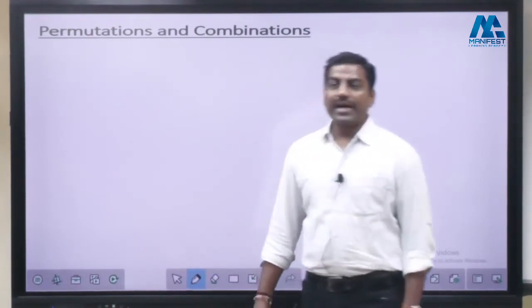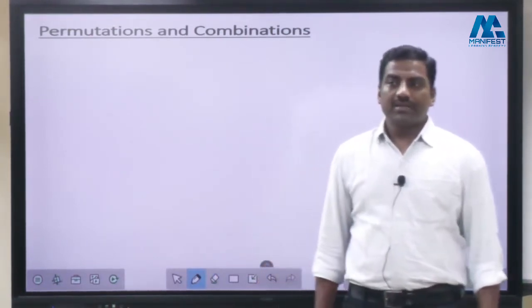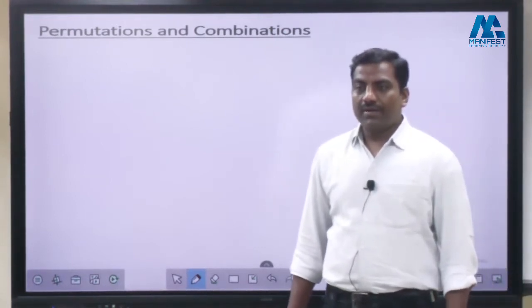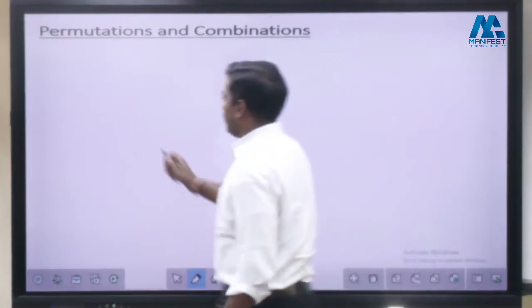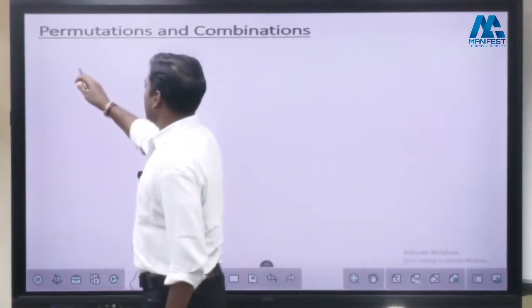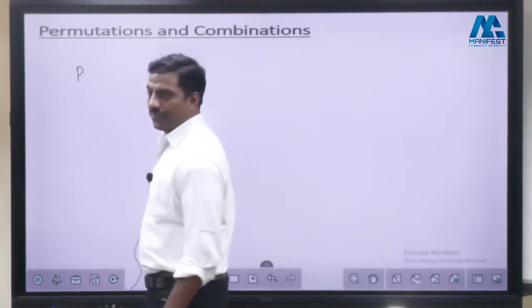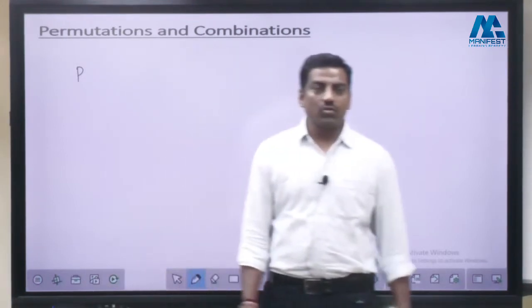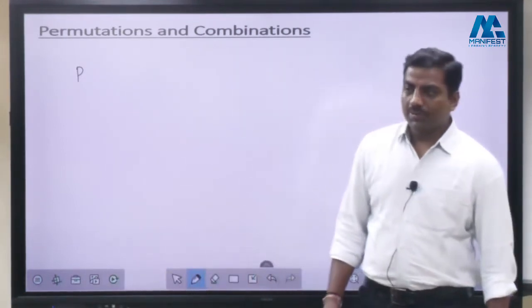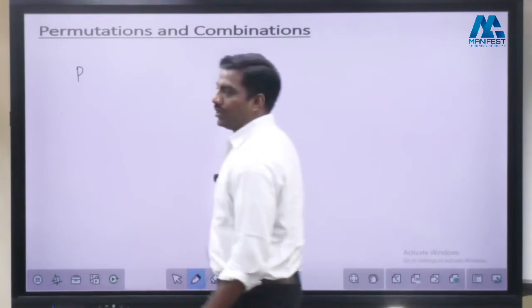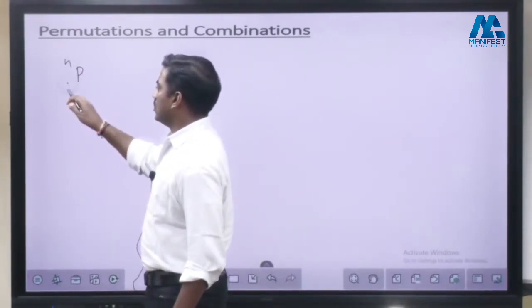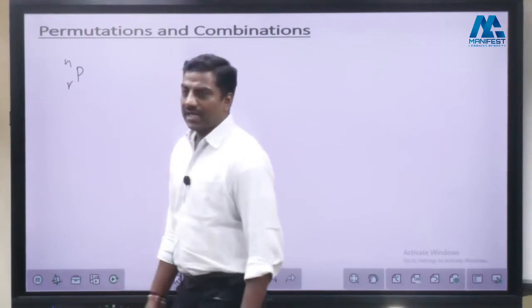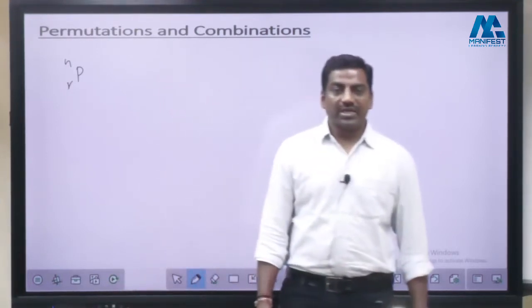Now, going by theory, when we are calculating the permutations, we represent this permutation by P. Out of n items, we have to select R and arrange. This is the notation.